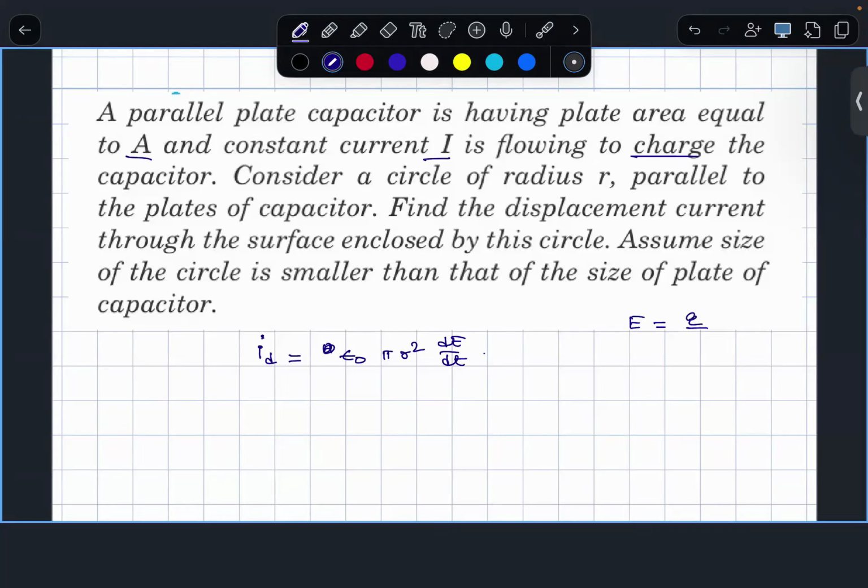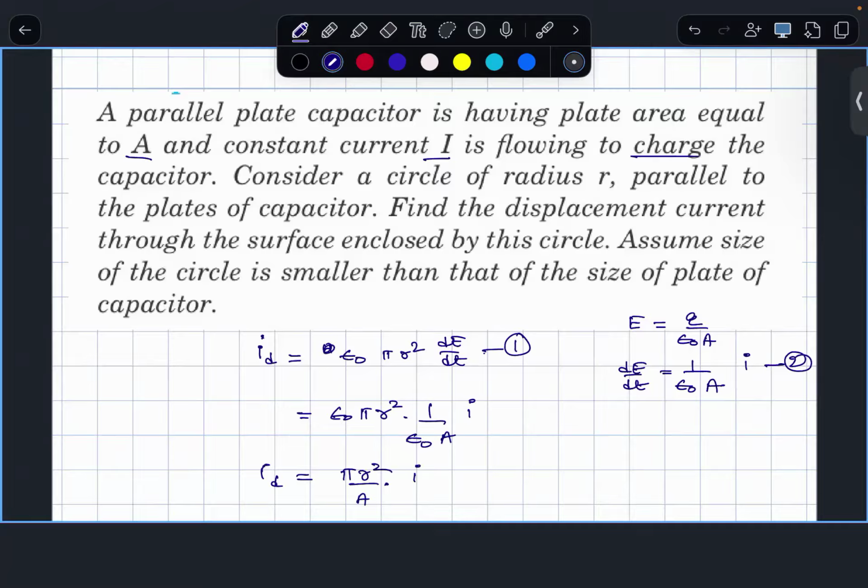Electric field is Q by epsilon naught A. dE by dt is 1 by epsilon naught A times I. This is equation 1. So therefore, epsilon naught pi r square dE by dt means pi r square by A times I. The displacement current is pi small r square by A times I.